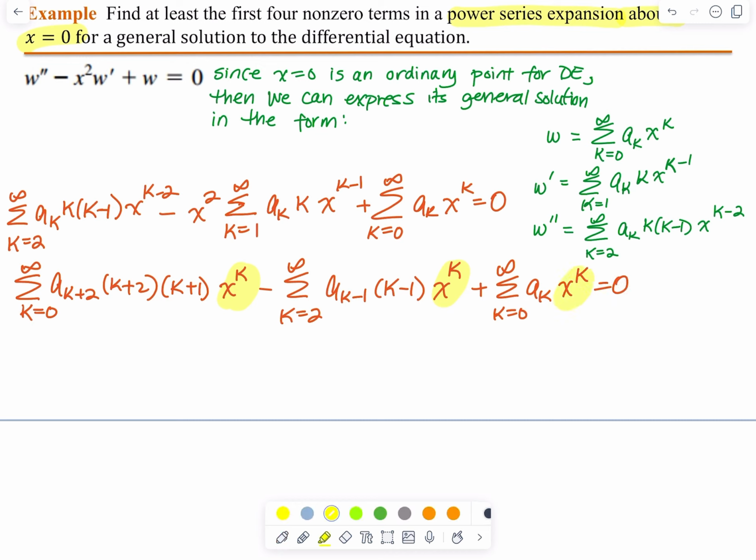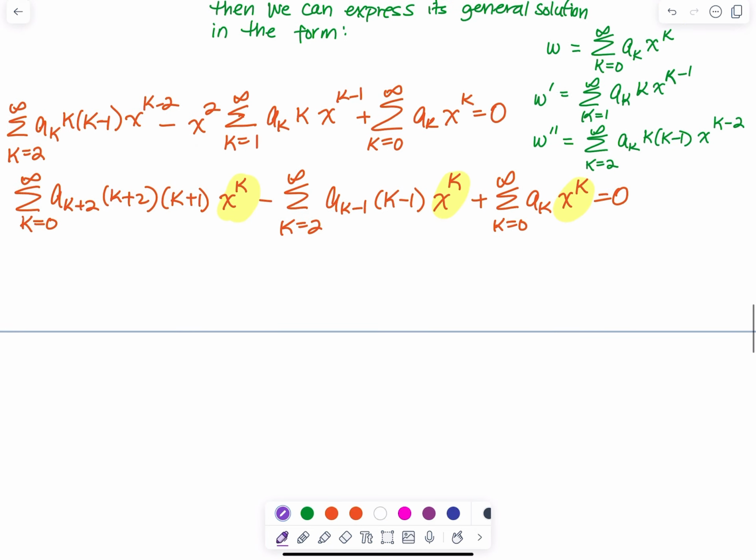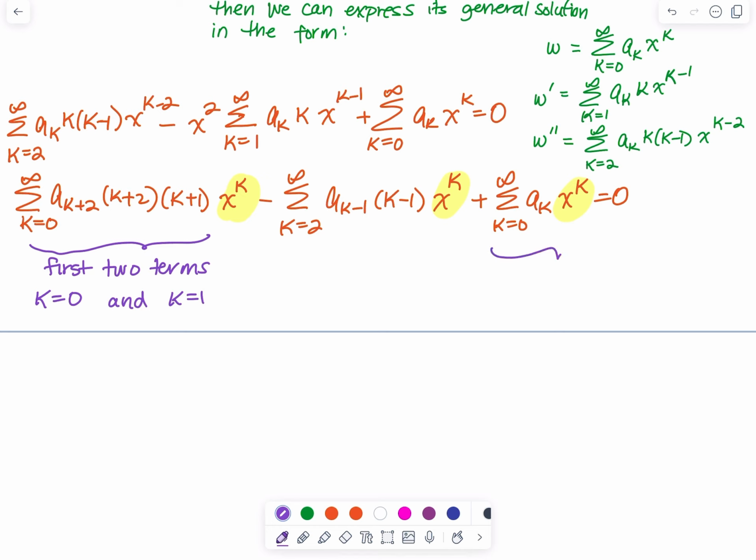So now we are going to remove the first two terms of this sum. So we're going to remove k equal to 0 and k equal to 1, and we're also going to remove the first two terms here, k equal to 0 and k equal to 1. And we're just going to take those out of our equation.